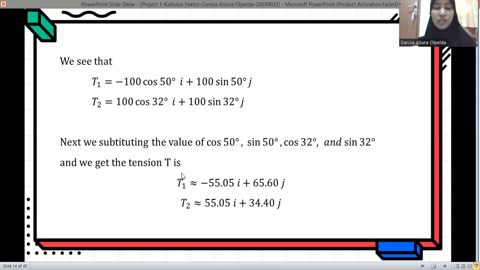And we get the tensions: T1 is equal to minus 55.05 i plus 65.60 j, and T2 is 55.05 i plus 34.40 j.